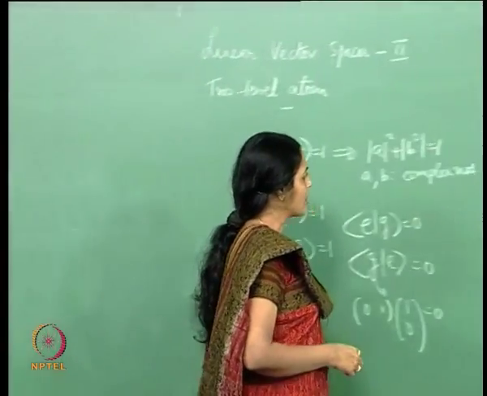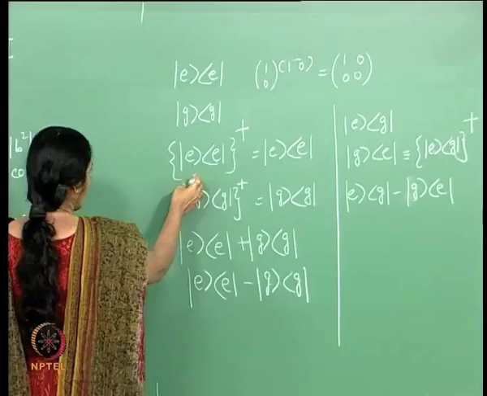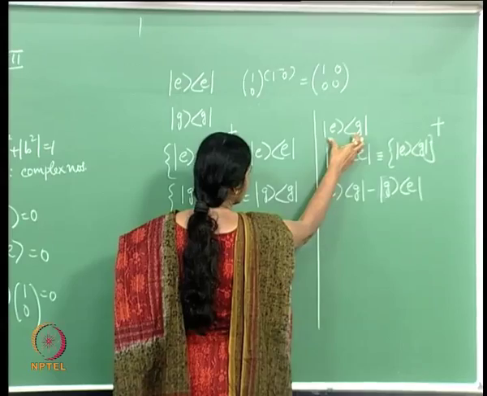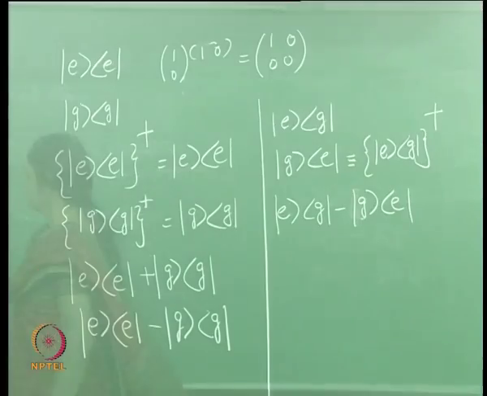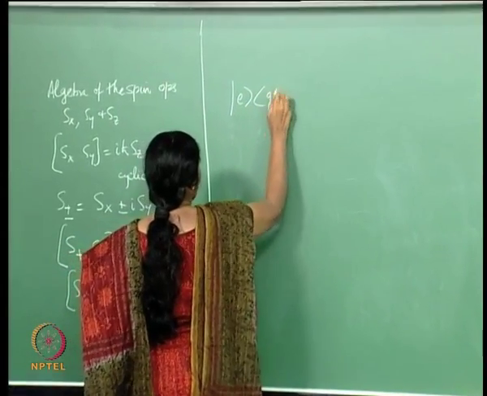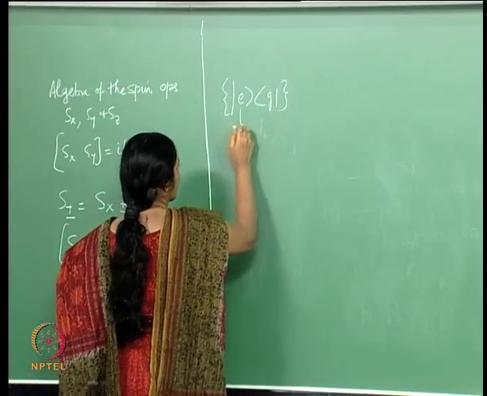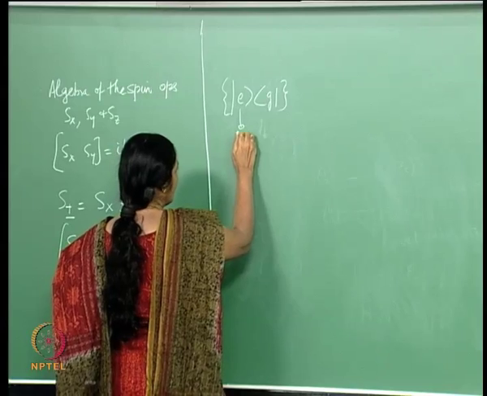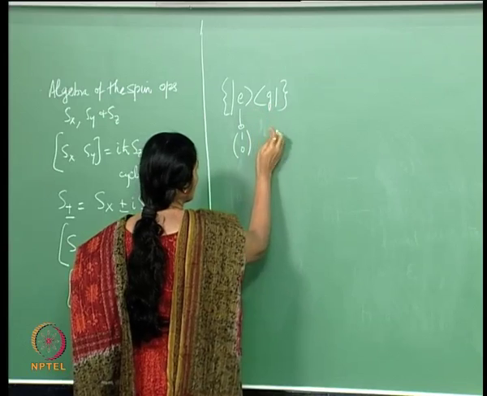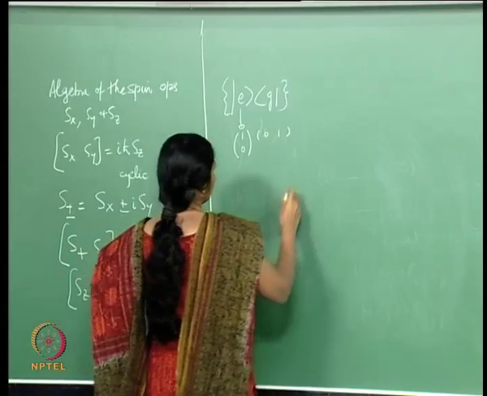Consider, for instance, the action of, let us say, this operator, ket E bra G, on either ket E or ket G. So let me consider the action of this operator, for which I can give a matrix representation. Recall that ket E was represented by the column vector 1, 0, and bra G was represented by the row vector 0, 1.